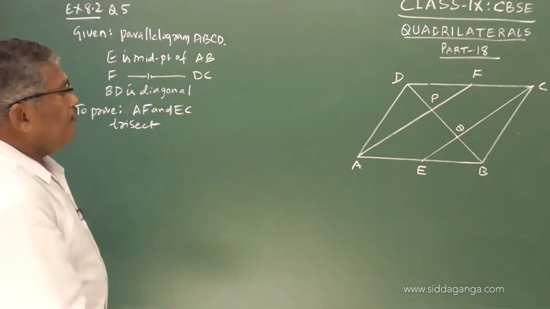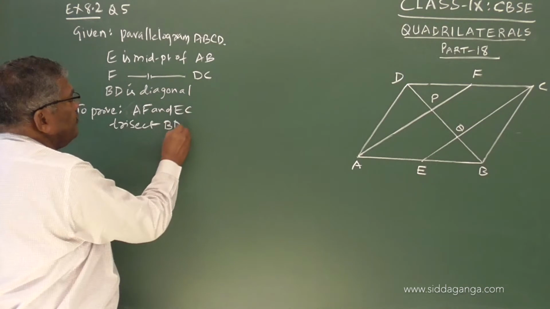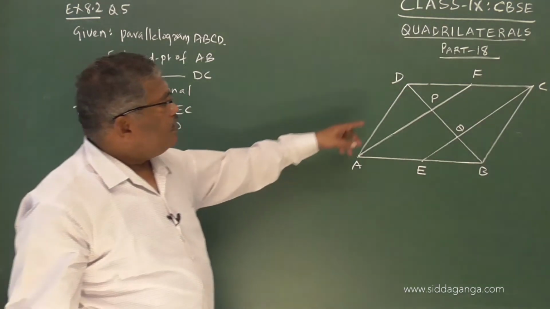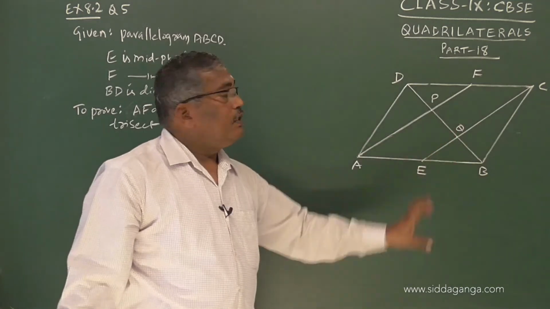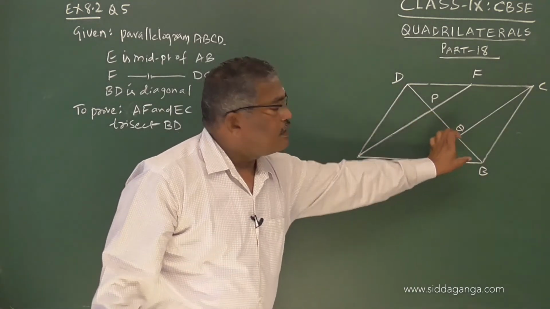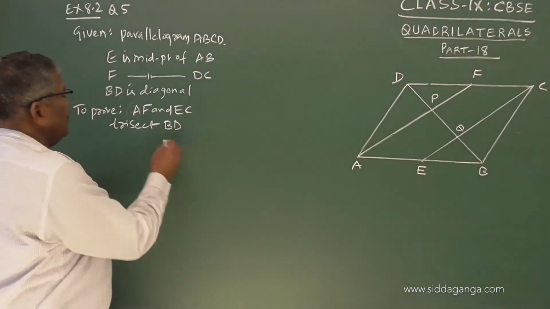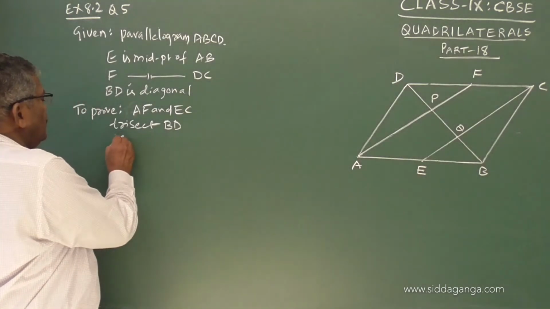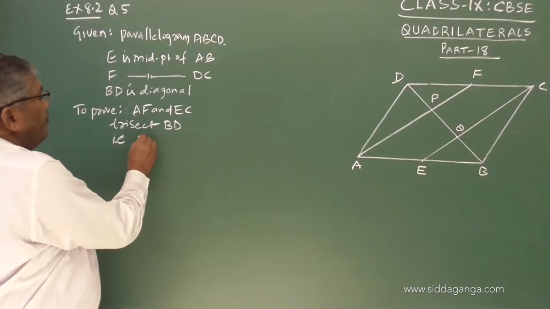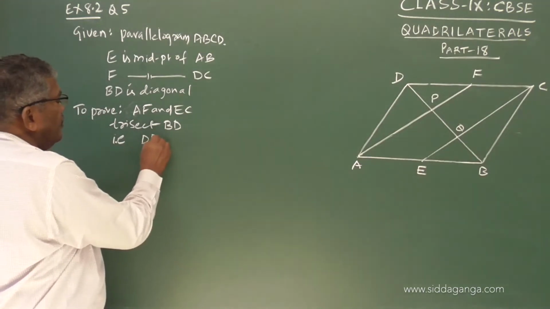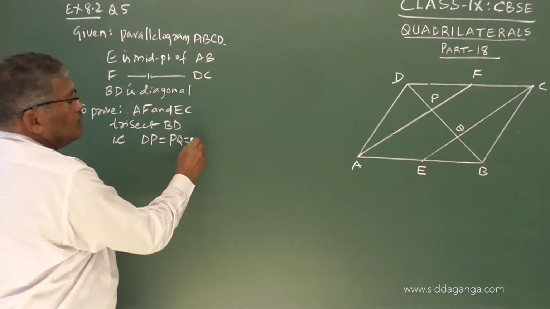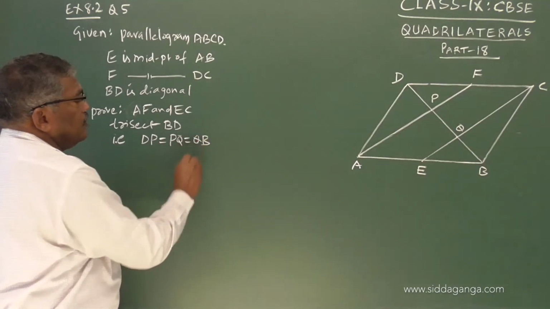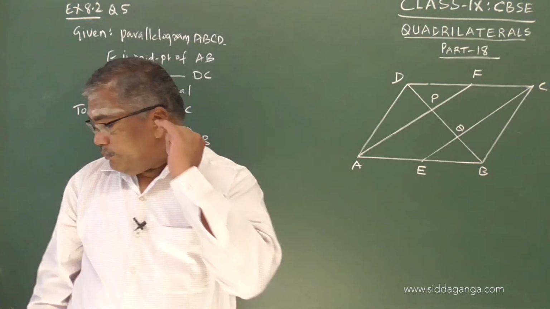Trisect means we have to show DP equals PQ equals QB. So all these three distances are equal. That is DP equals PQ equals QB. This is what we have to prove.